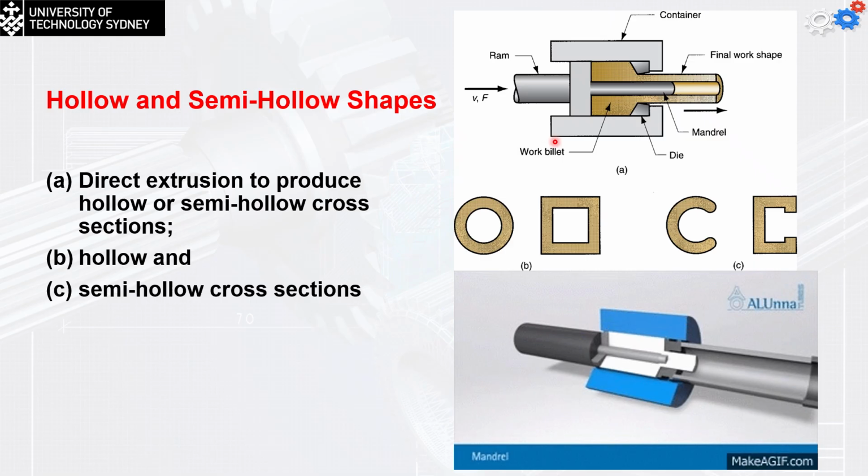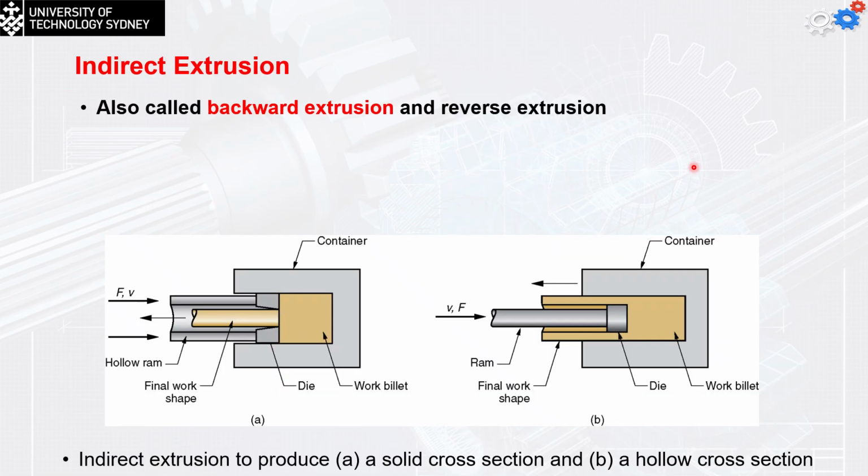Again, in direct extrusion the ram moves to the right and the final work part also goes through the die by moving to the right. Then the indirect extrusion process, which we also call backward extrusion or reverse extrusion: the part moves in the opposite direction.